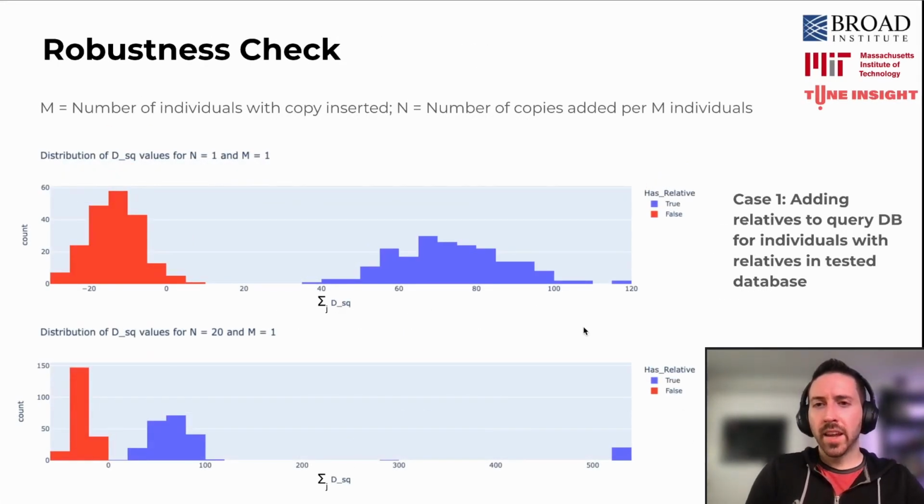We then investigated how robust the algorithm was to different types of population structures in the query database. Here we took one individual from the query database who had a relative in the test database and added a number of copies of them to the query database to see how this population structure might affect the algorithm. We see that it's still quite robust at separating between the two, even in this extreme example.